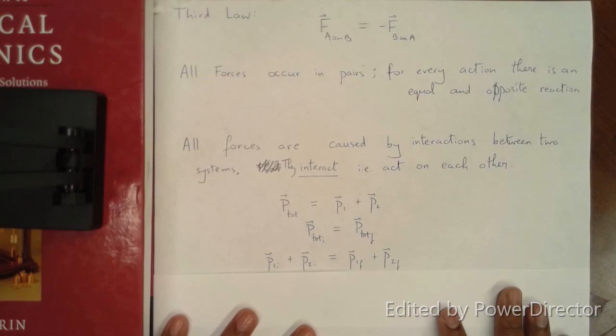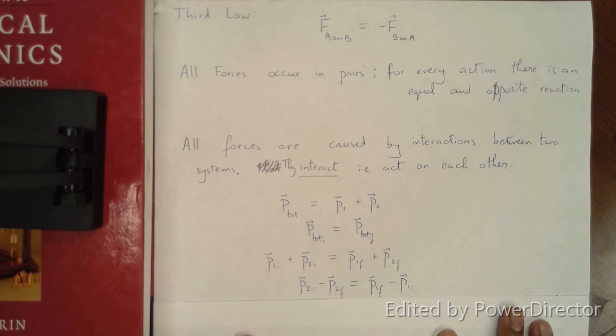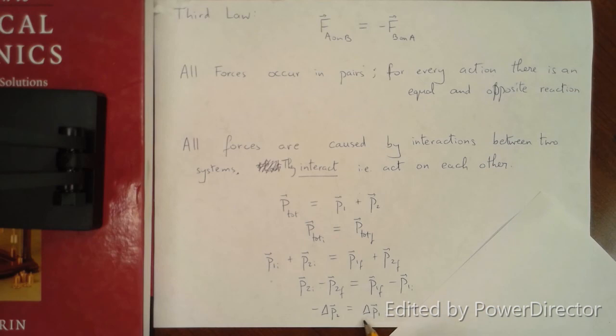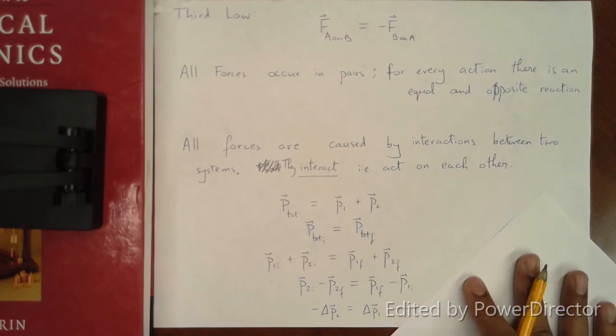And so p1 initial plus p2 initial is equal to p1 final plus p2 final. We rearrange these to get the object 1 terms on one side and the object 2 terms on the other side. And we recognize that this is equal to the change in object 1's momentum here, and on this side we have the negative of the change in object 2's momentum.